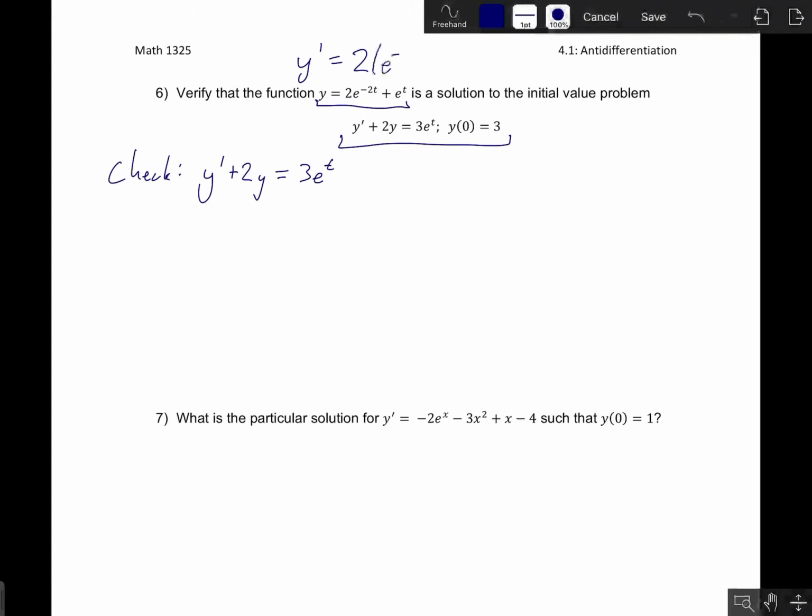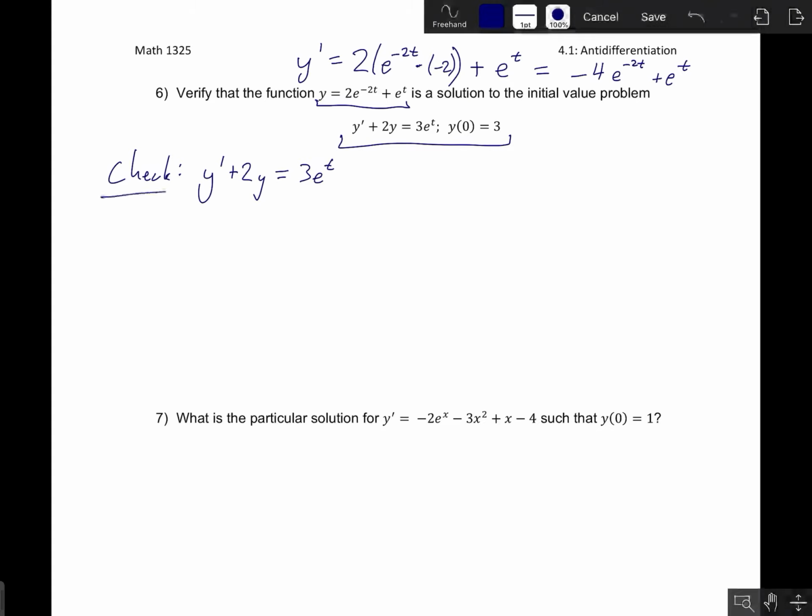And then if you take the derivative of an exponential, you'll get the exponential function times the derivative of its exponent. So we would take the derivative of negative 2t, and that would be a negative 2. And then we also need to take the derivative of e to the t, but that would just give us an e to the t again. So y prime ends up simplifying to be a negative 4e to the negative 2t plus e to the t.